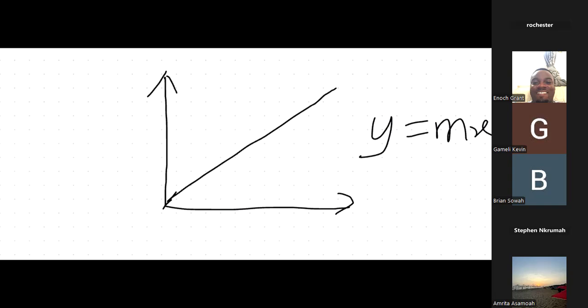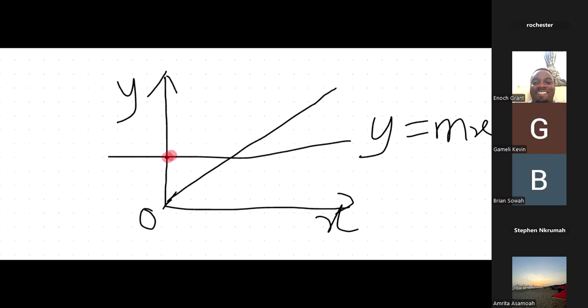You see that? Because it is passing through the origin. This is the y-axis, this is the x-axis, so this is the 0 point. The origin is the 0 point. Here it is cutting at this point, that is where we say that it is having an intercept of a value.